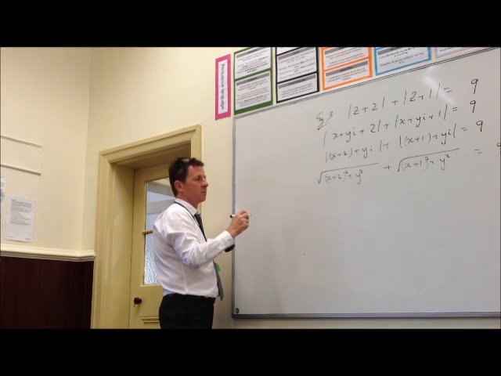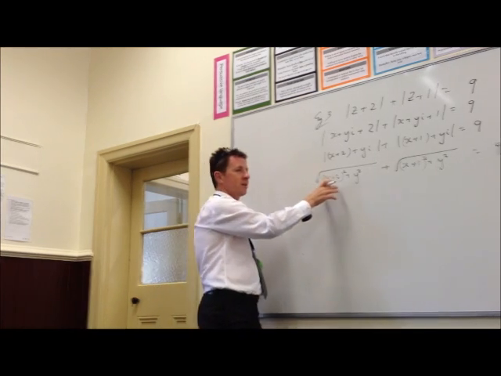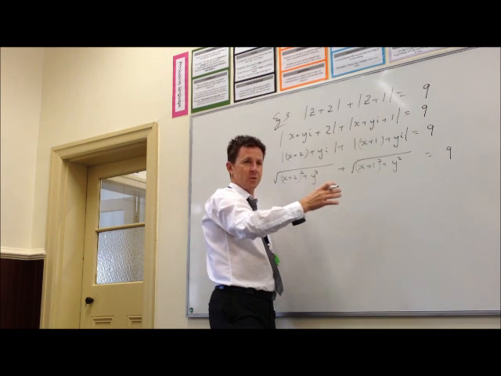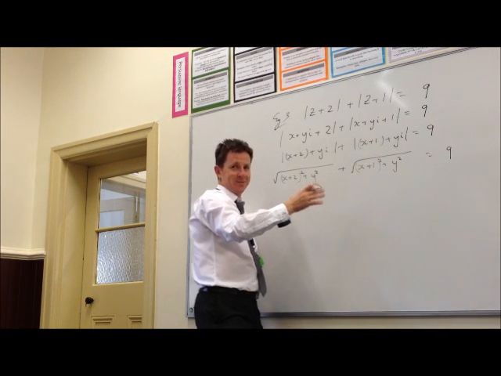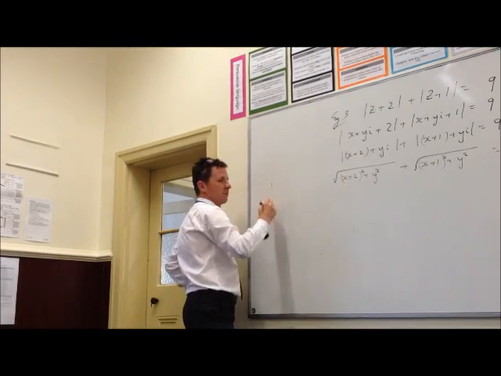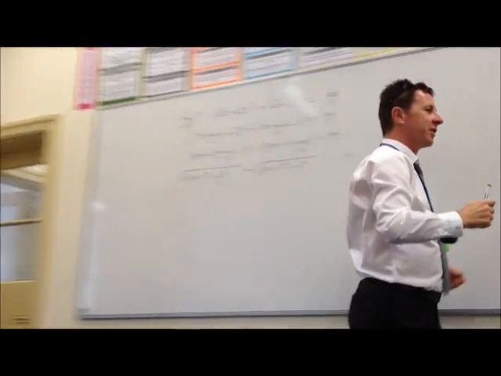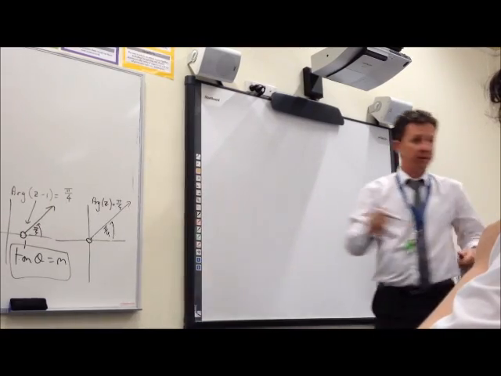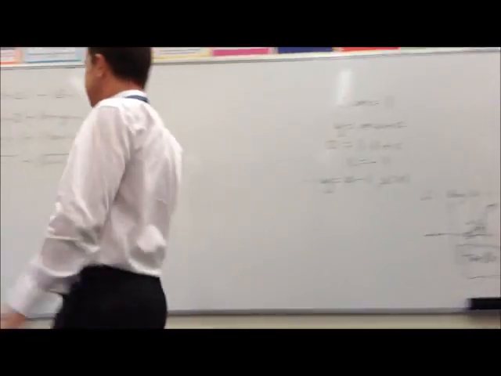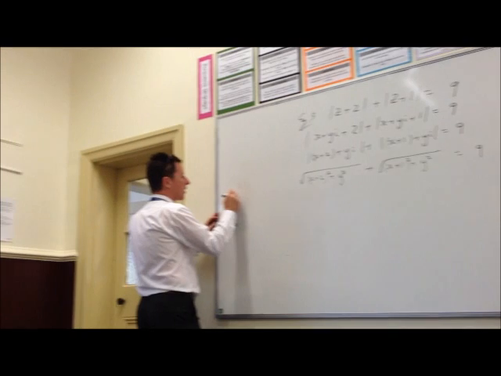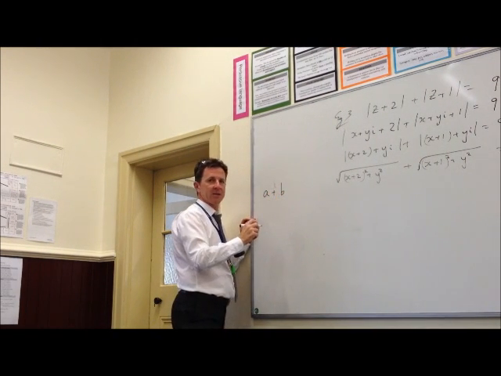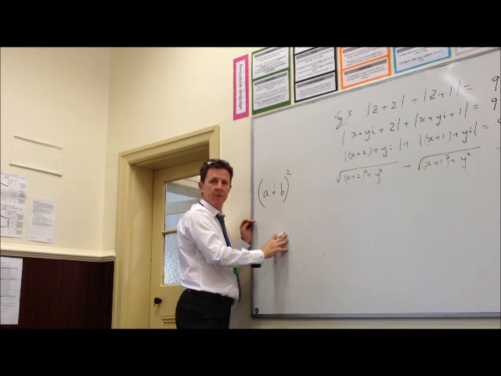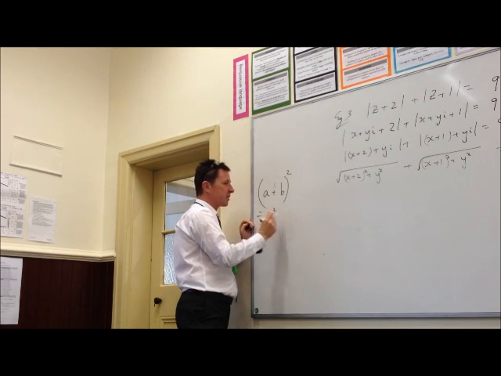How many people would just square this and then square that? No one owns up to it. Good. Because you've actually got A plus B. There are two terms here. So if I want to square A plus B, I have to do this. And if you do that, you get A squared.